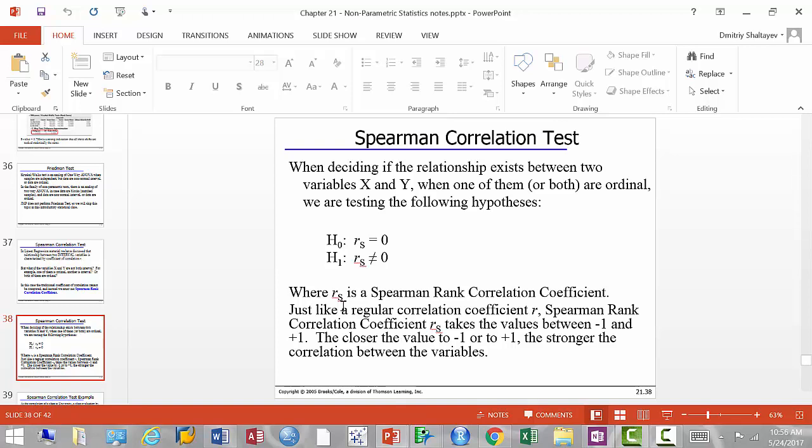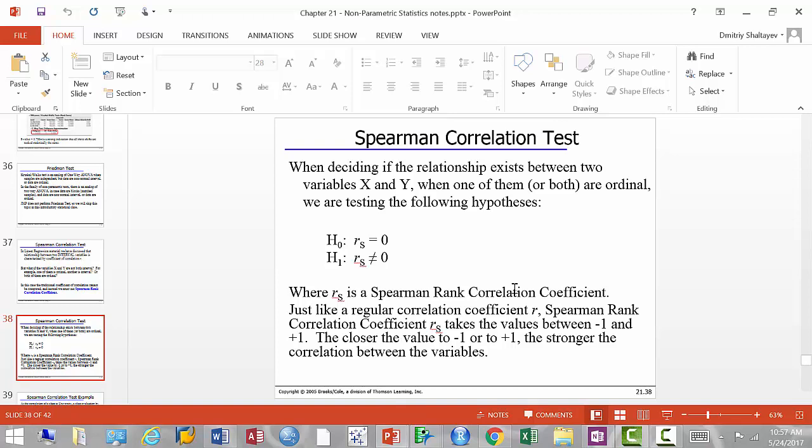We align all of the x's from smallest to highest and we rank them. We align all of the y's from lowest to highest and we rank them also. Now we compute the coefficient of correlation not between the original numbers x and y, but between the ranks of numbers x and ranks of numbers y. That's why this technique is called the Spearman rank correlation coefficient. Not simply correlation coefficient, but rank: we're correlating ranks of x's and ranks of y's.